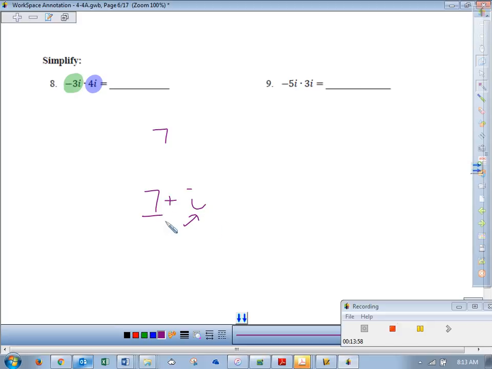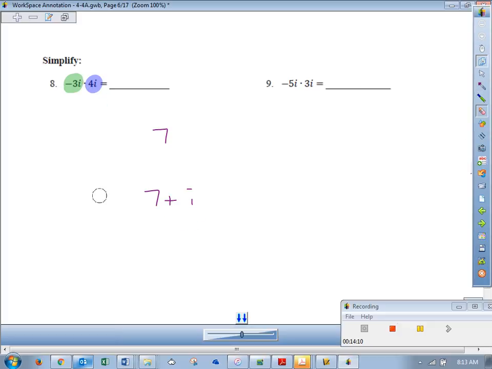So if it's got both, notice that was a multiplication problem. That's just one term. That's one term. Let's multiply them together. You treat them just like you were doing with variables. Number times number, what's negative 3 times 4? Negative 12. What's i times i? i squared.